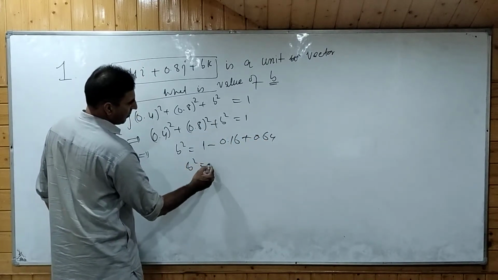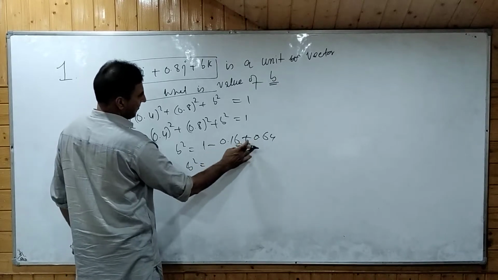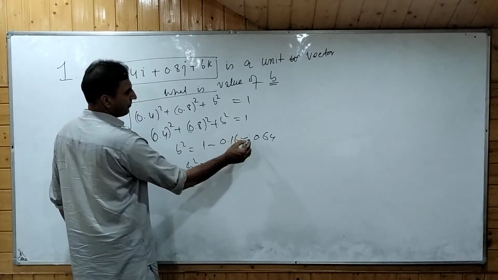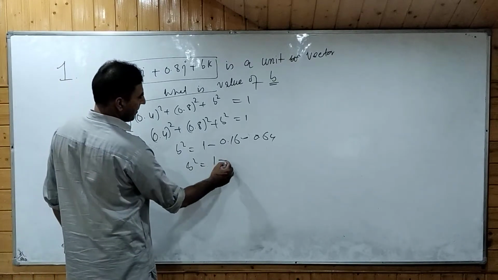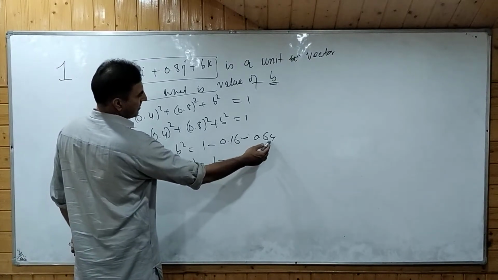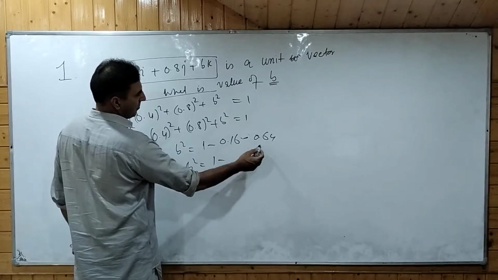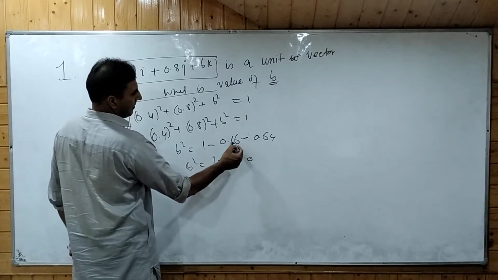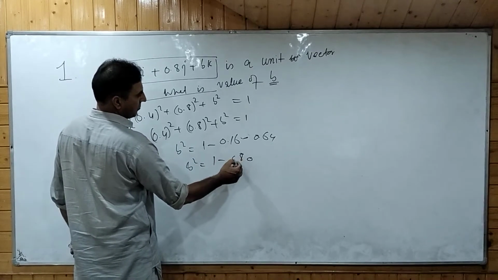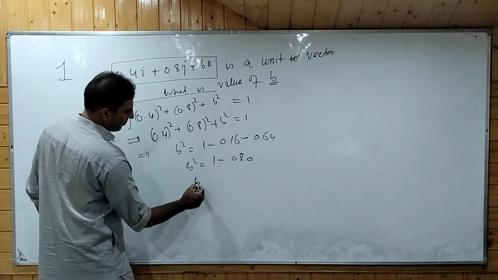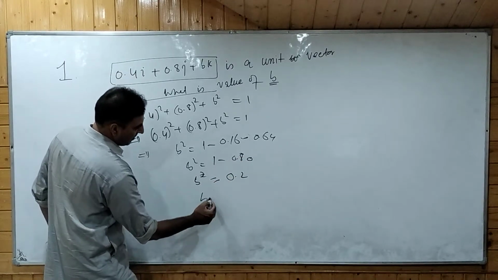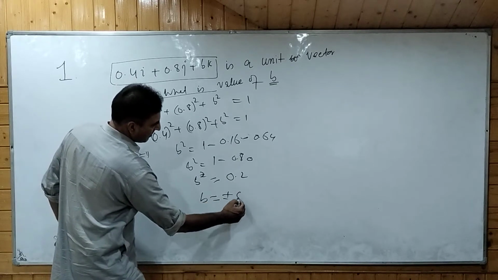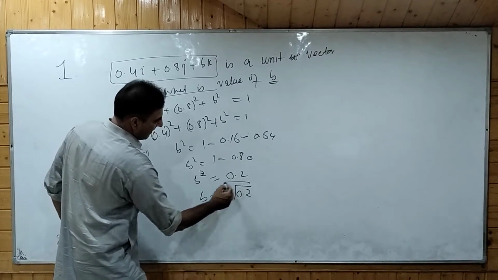So b square is equal to 1 minus 0.8, which is 0.2, and now b equals plus or minus root of 0.2. That is the answer.